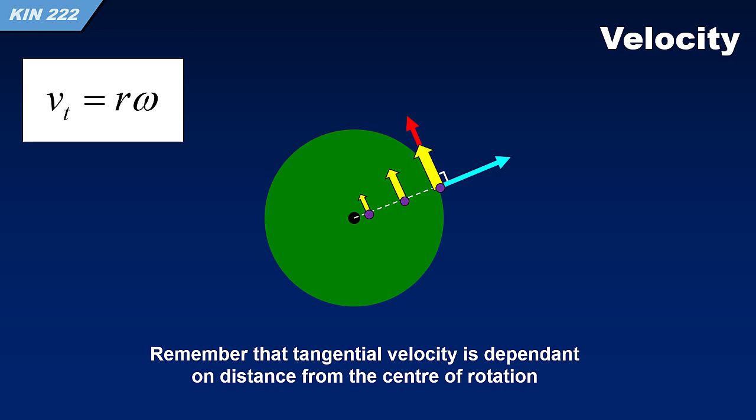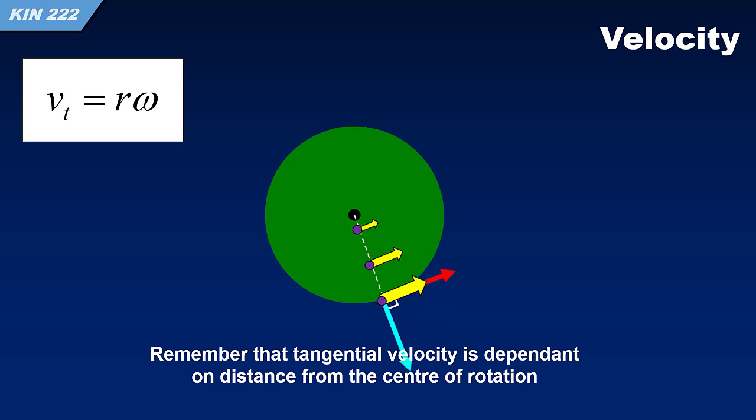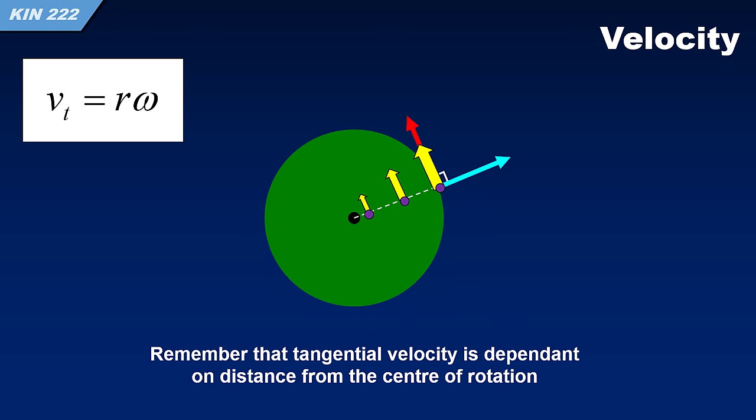It's going to rotate, and we're looking at 3 different points on that object. And the yellow arrows are proportional to the tangential velocity that those points would be experiencing. So the object's rotating. All 3 points are rotating with the object, but they'll all have different tangential velocities because they're all at different distances from the center of rotation.